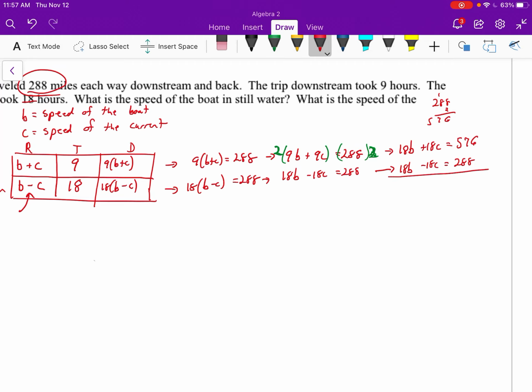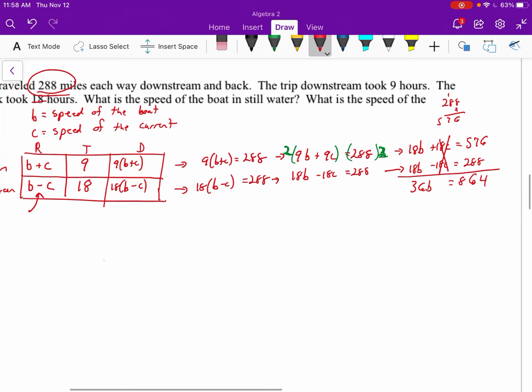We can combine here. 18b plus 18b is 36b. These become 0, and 576 plus 288 is 864.